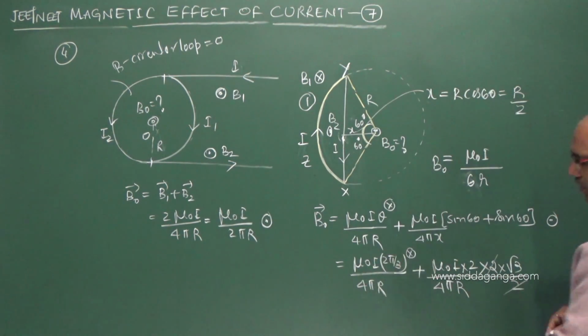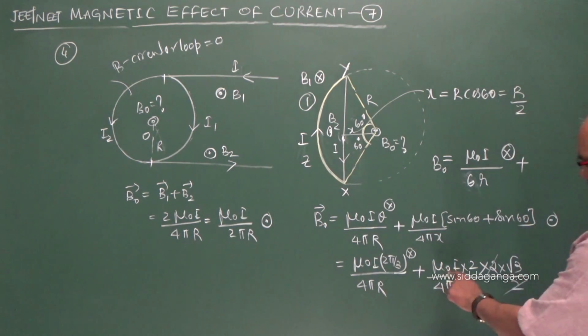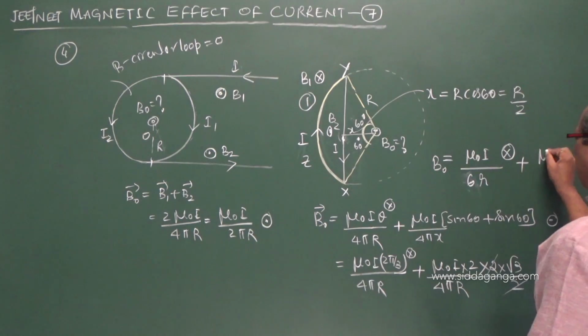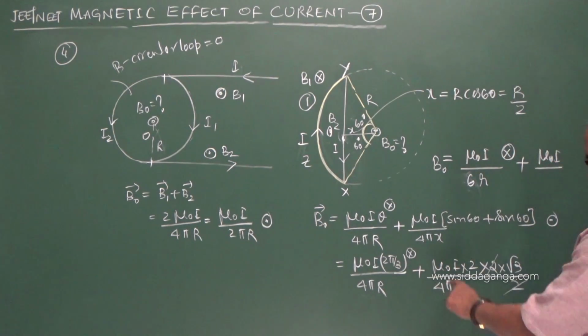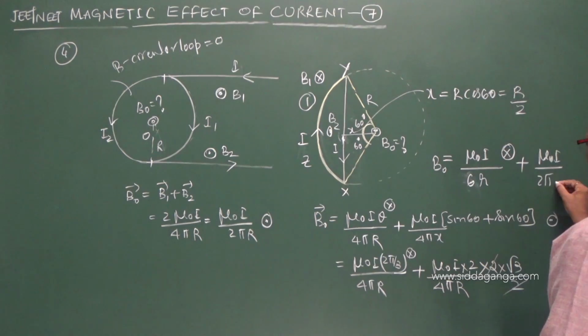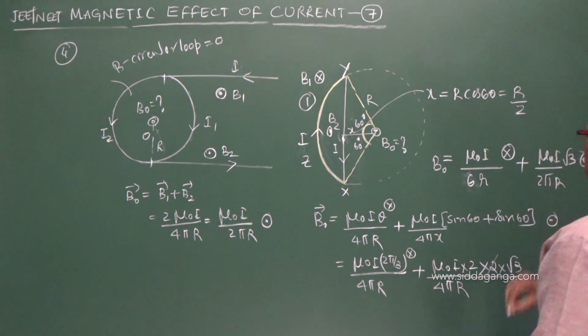This 3 into 2 here, 6r. It is into the board, plus mu naught I, 2 cancelled, by 2 pi r into root 3. This root 3 remains: mu naught I root 3 by 2 pi r. It is out of the board.